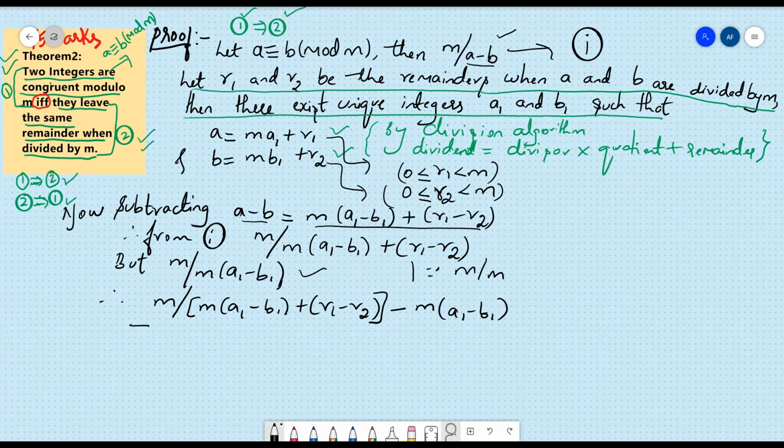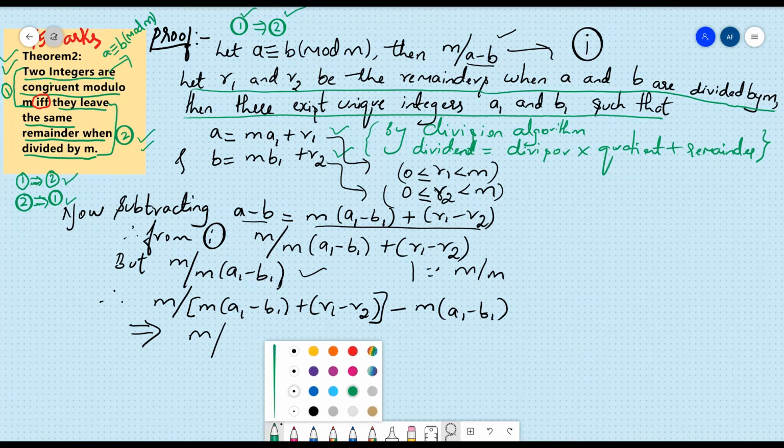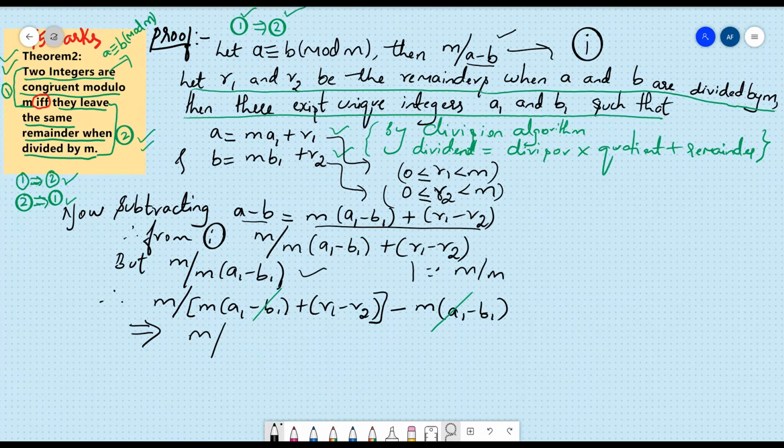So that implies M divides R1 minus R2. But R1 minus R2 lies between what and what?